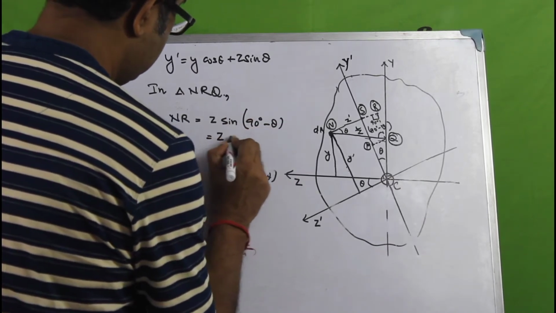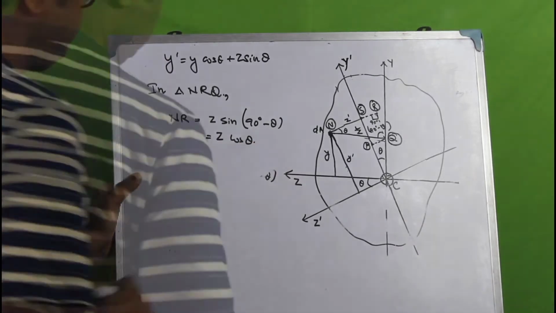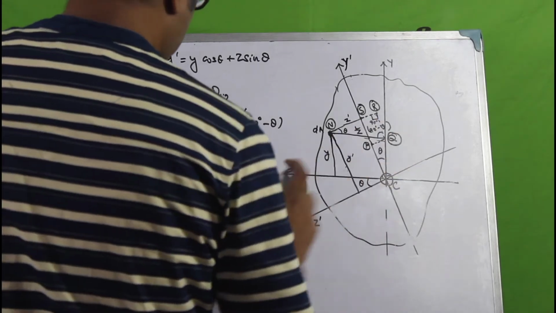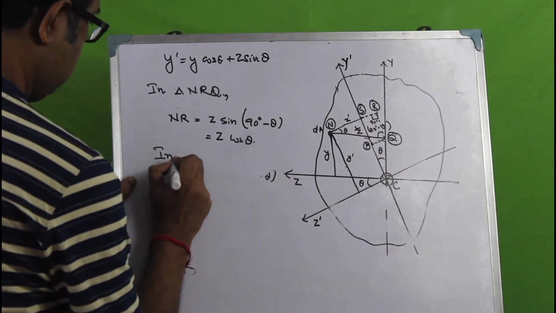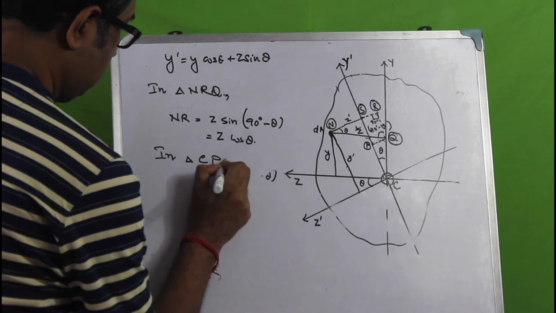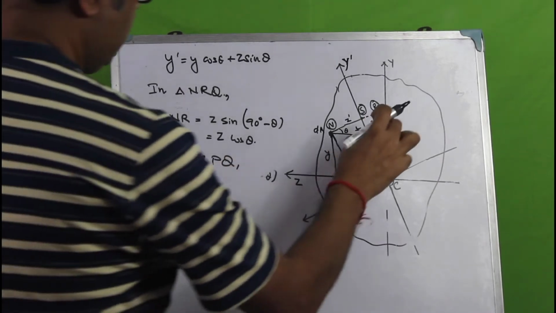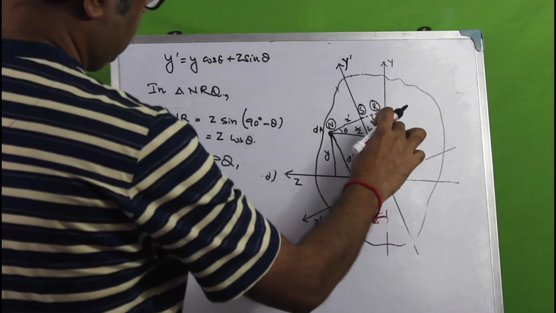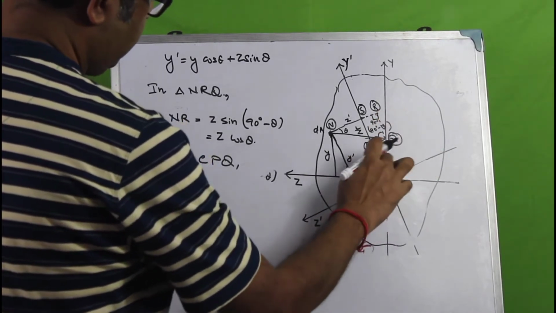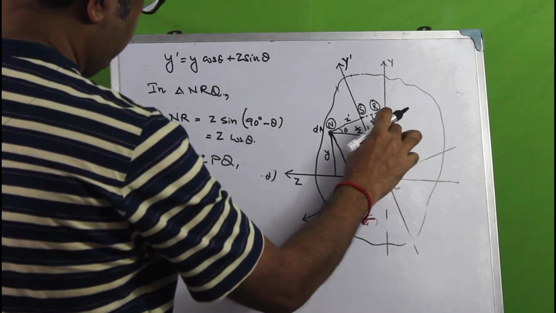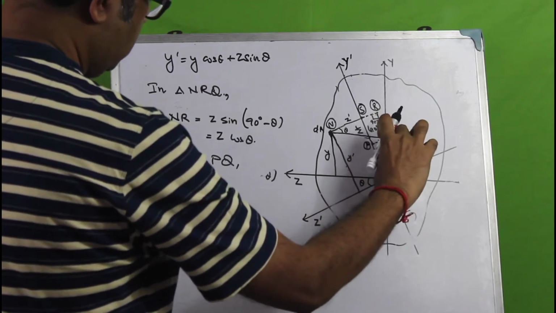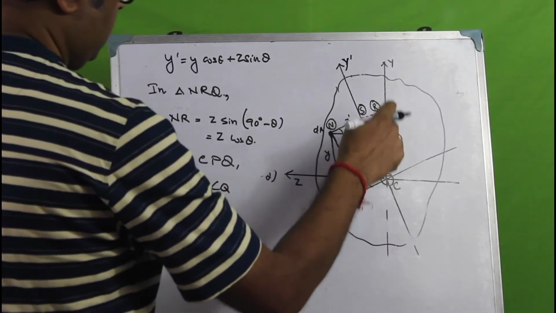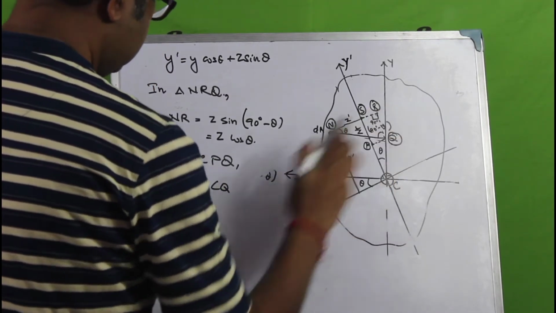So that will be equal to Z cos theta. Again, in this triangle CPQ, we have PQ equal to, now if this is theta, this would be the perpendicular and this is the hypotenuse, right? So it would be CQ sine theta.